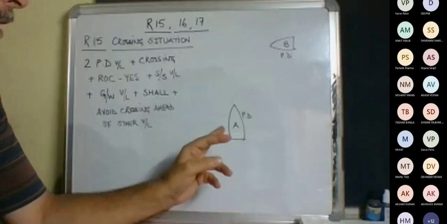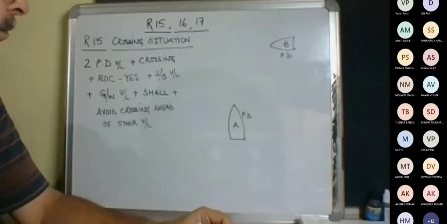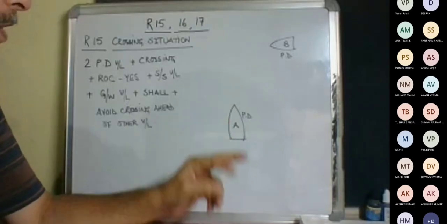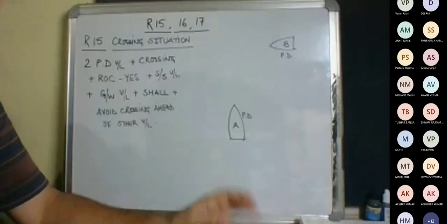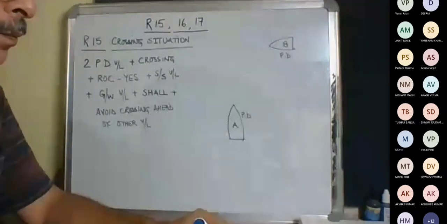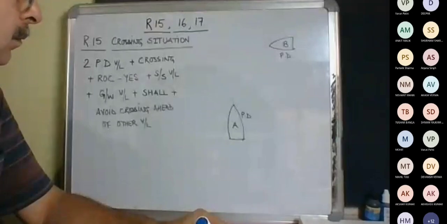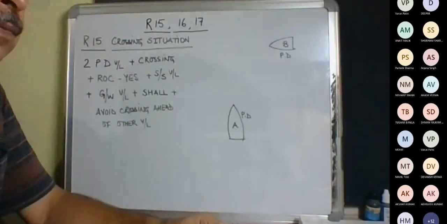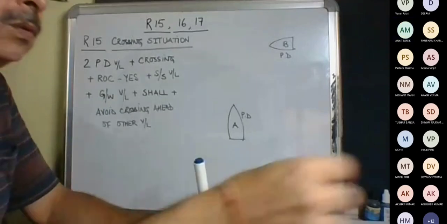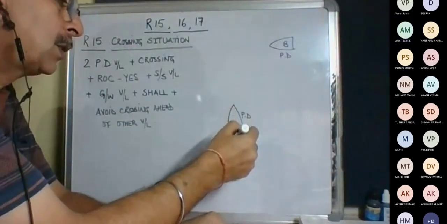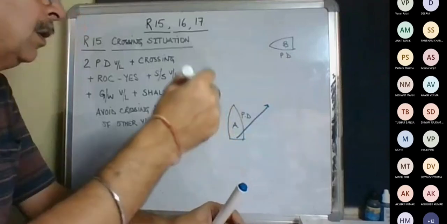Risk of collision is, let's say, yes. Vessel A has the vessel B on her starboard side. So vessel A becomes the give way vessel. So what will vessel A do? Alter course to starboard, pass astern of the other vessel.